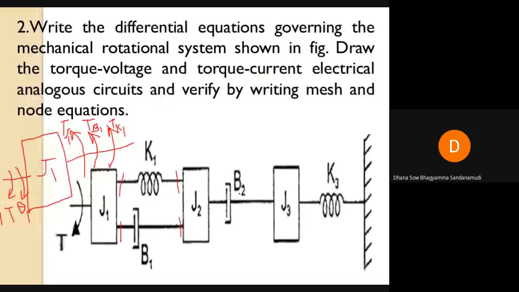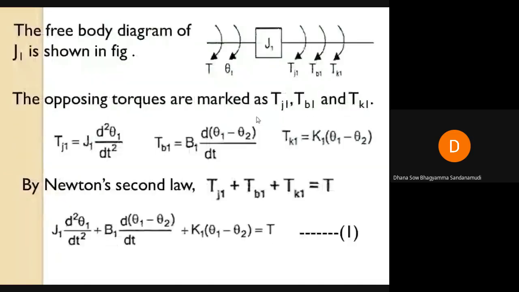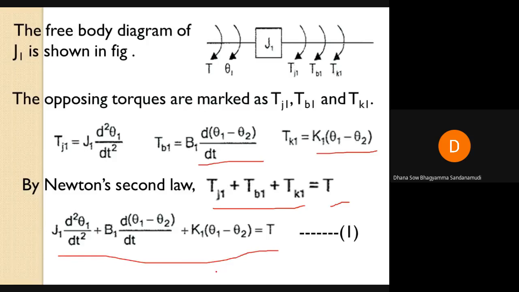That's why torque due to K1 will be proportional to the differential angular displacement, and torque due to the friction bond will be proportional to the differential angular velocity. According to Newton's second law, opposing torque will be equal to the applied torque. So substitute all the equations, and you will get equation number 1.